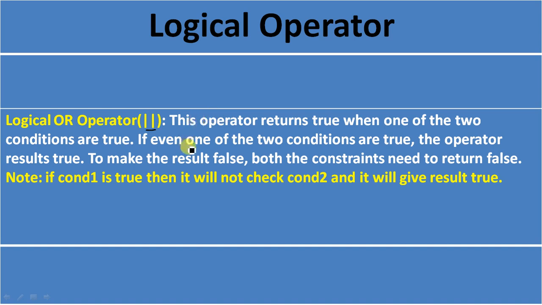If even one of the two conditions is true, the operator results true. To make the result false, both conditions need to return false. Note that if condition 1 is true, then it will not check condition 2 and it will give the result true.